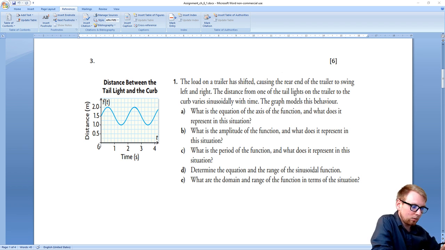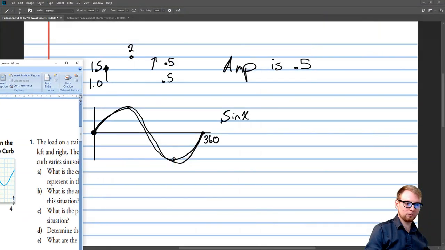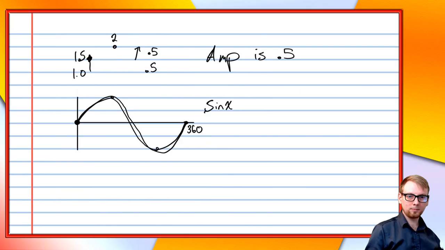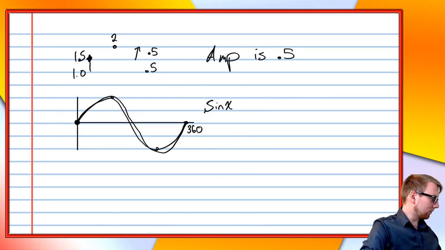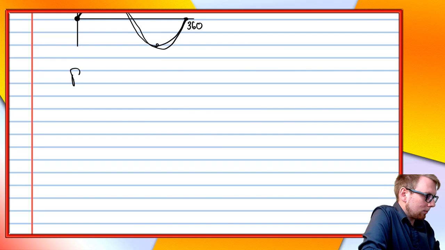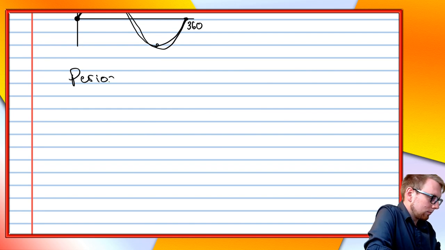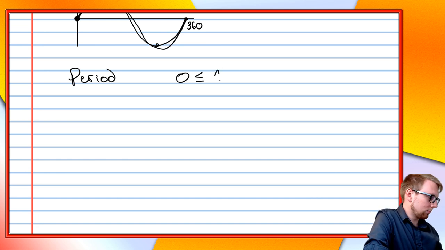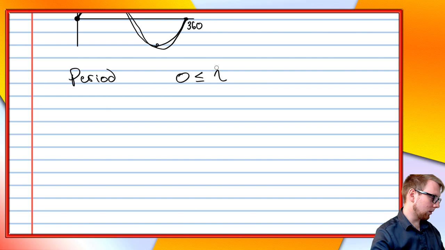Yeah, so the full period, or one period, would be between 0 and 2. So for our question, the period is between 0, what do they use, x? Or t?